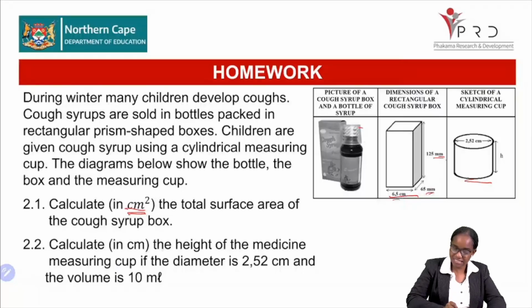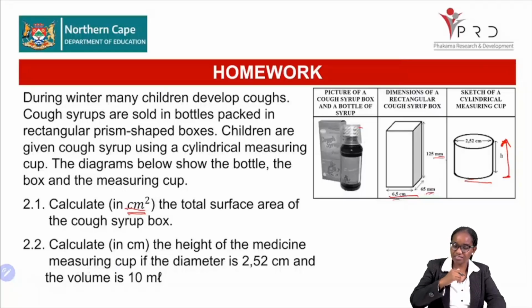Also calculate in centimeters the height of the medicine measuring cup. So you are looking for this H here. You are asked to calculate this H here in centimeters, if the diameter is 2,52 centimeters and the volume is 10 milliliters. It goes back again to our previous knowledge.